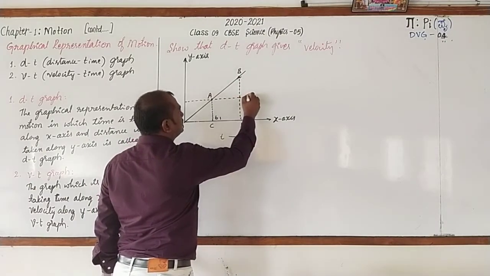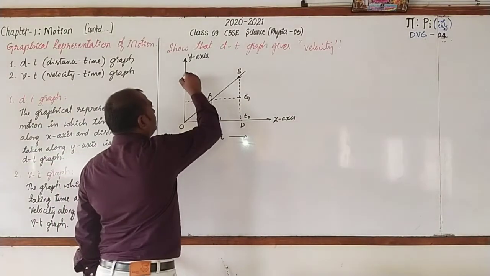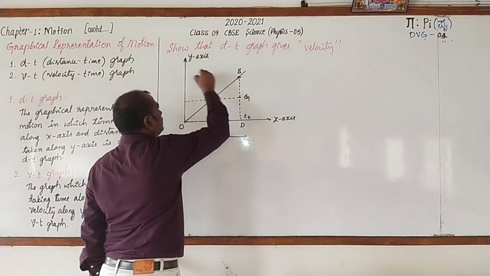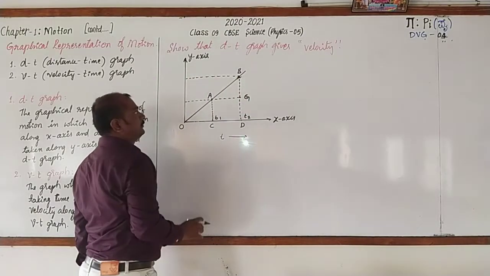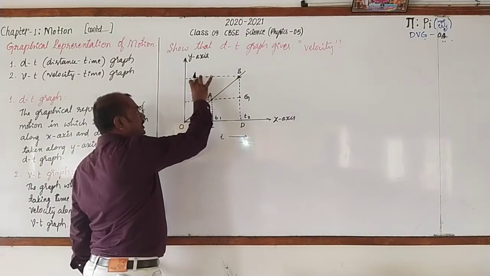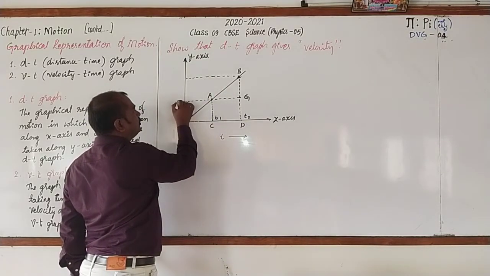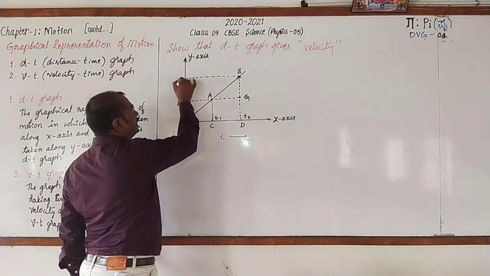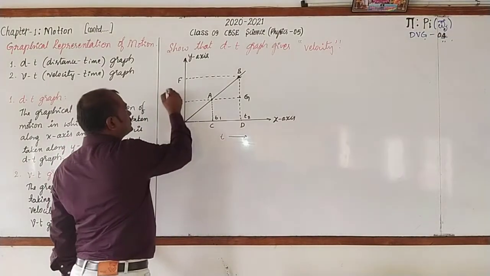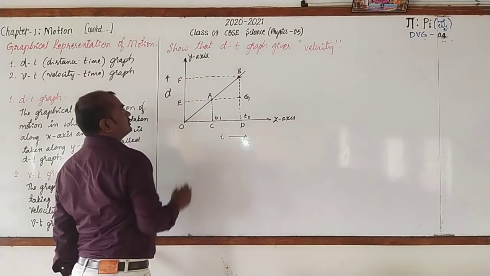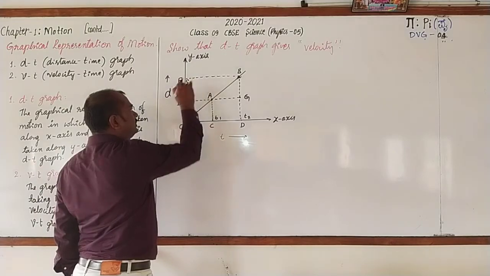Call this G. And again, here I will draw one more line, a line parallel to the x-axis through B. These two lines will intersect the y-axis at two distinct points. You may call this E and this F. And it is the distance axis. I call this S1 and this S2.